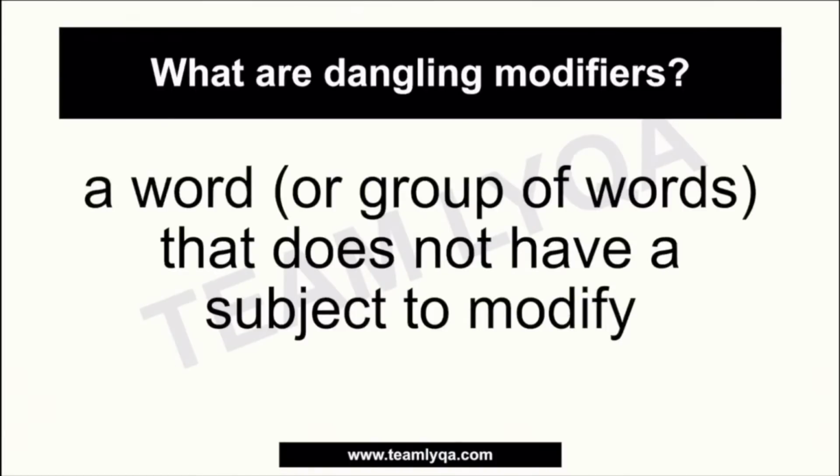Ibig sabihin nun, the modifier, which is a word or a group of words that should modify something, wala siyang subject na makakabitan niya or wala siyang subject to modify. Walang gumagawa dun sa sentence na yon. Now, these sentences, usually, mukha naman siyang kompleto. Pero upon closer inspection, you would see wala palang doer dun sa sentence na yon.